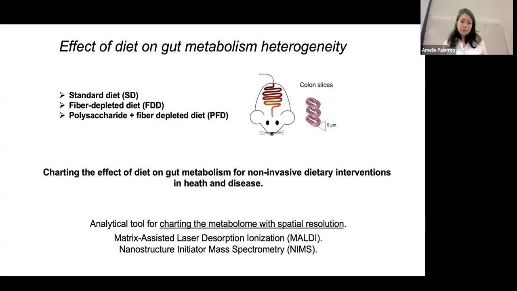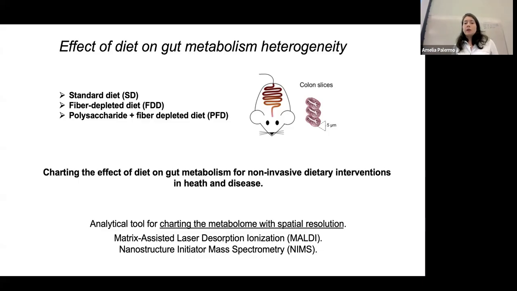We wanted to chart the effect of diet on the gut metabolism as a non-invasive dietary intervention in health and disease. So this was the starting point to understand whether a diet could indeed change the metabolic distribution of the content in the gut microbiome. We sliced the colon into 5 micrometer slices, and then we adhered these slices onto the silicon chip that you saw in the former slide.